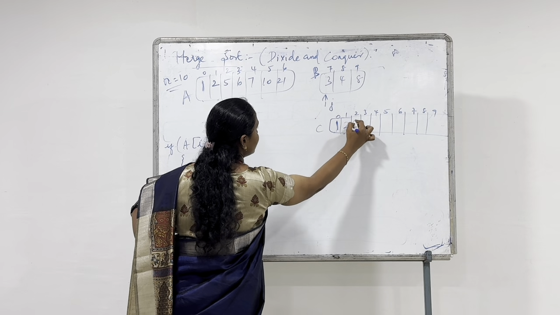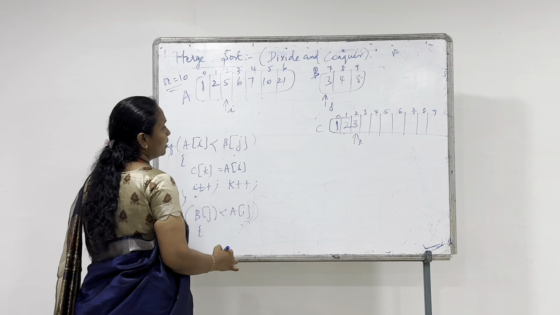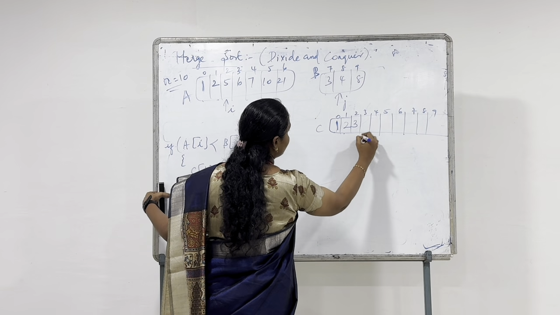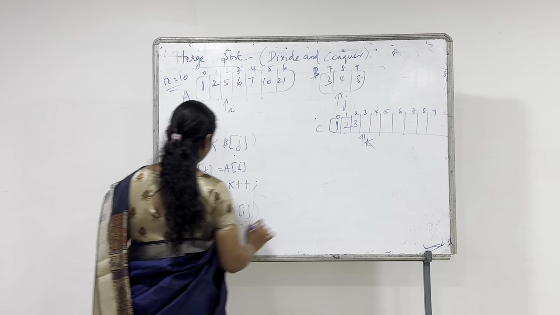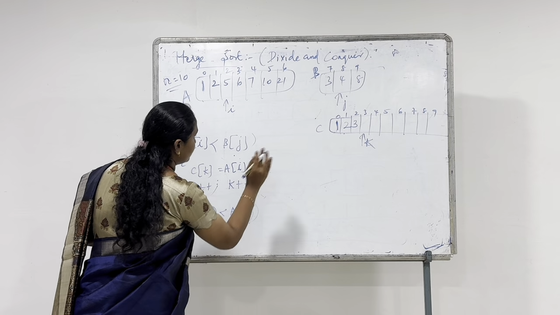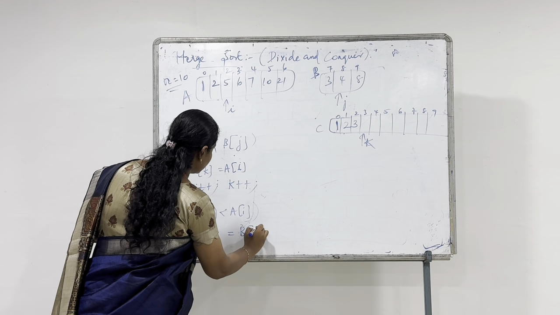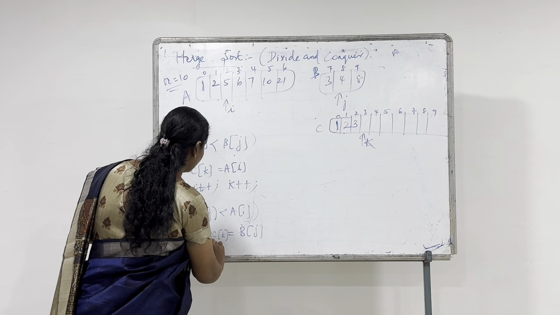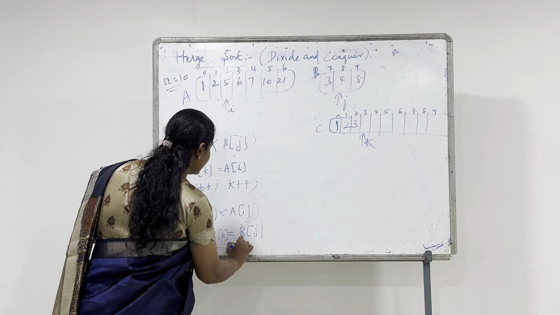Move this 3 to the C array. After moving, increment J and K. So we moved the B array's value to the C array.